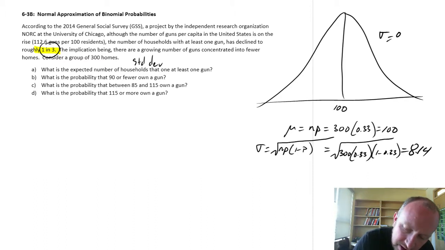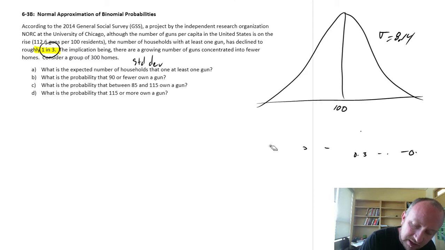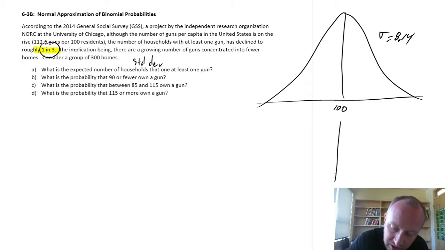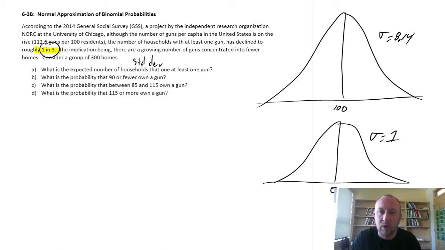Okay, so now we have the parameters of our distribution. Now we can go ahead and calculate some of these probabilities. Keep in mind that anytime we're using a normally distributed variable, we are also working with the standard normal distribution with mean 0 and standard deviation of 1.